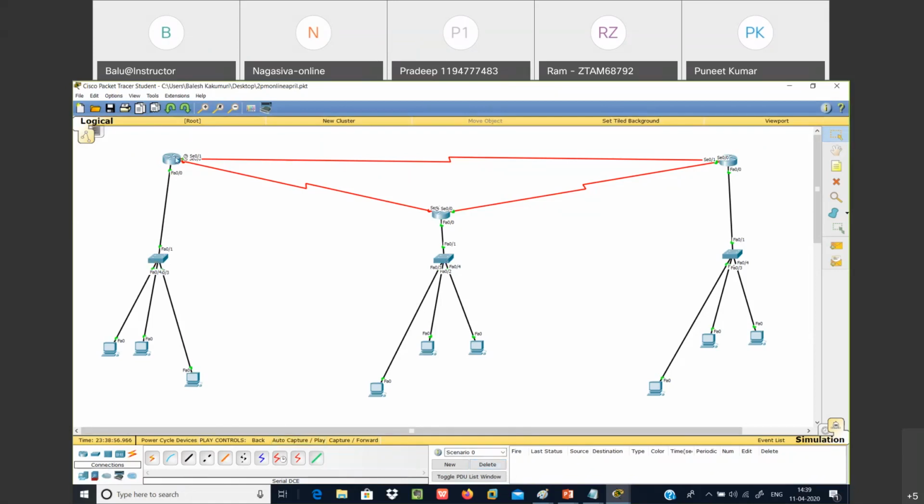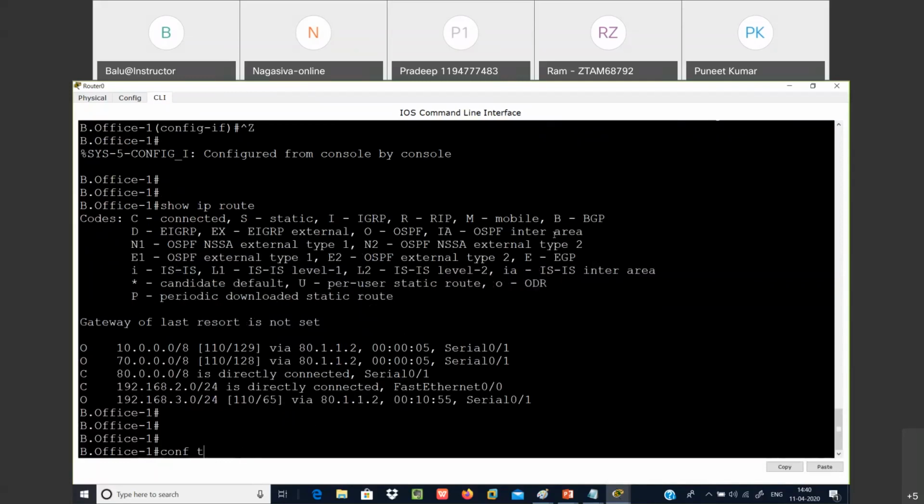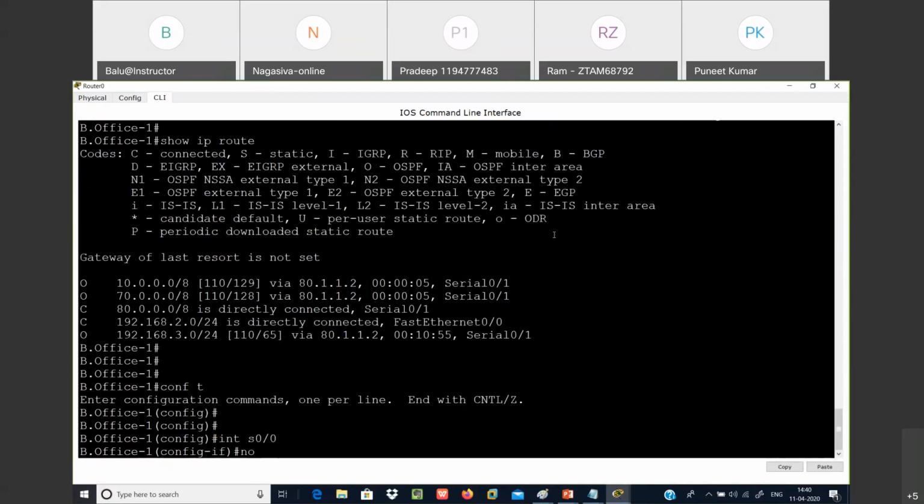Now after some time my best path is being activated. Serial 0/0 is activated, no shutdown.